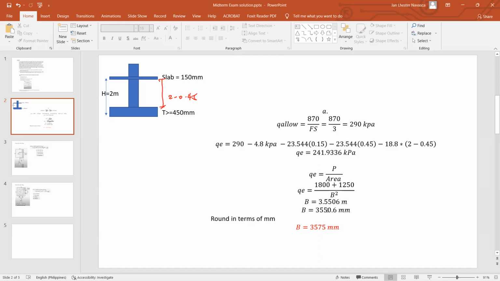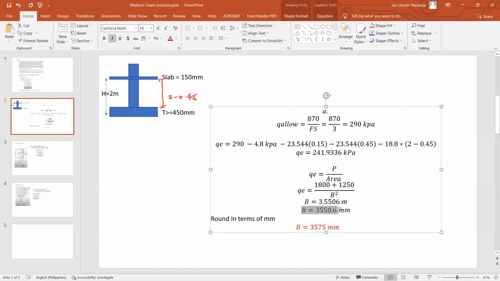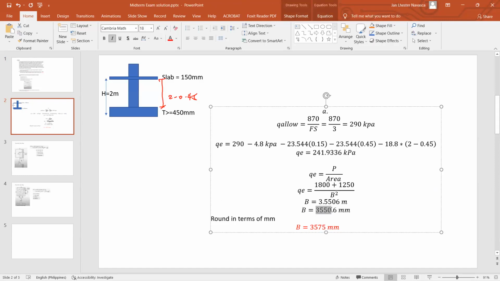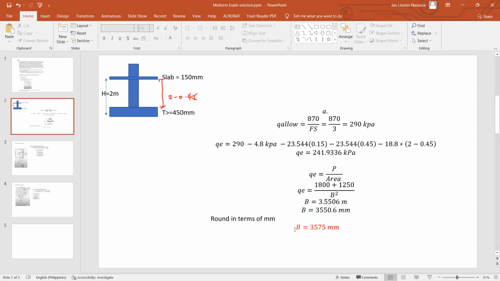To convert it to millimeters, you have 3,550.6 millimeters. So according to the problem, you will round up your answer to the nearest 25 millimeters or nearest 1 inch. Okay. So this is 3,550.6. So mas lampas na siya sa 3,550. Okay. So basically that is now 3,575 millimeters. So this will be your final answer.